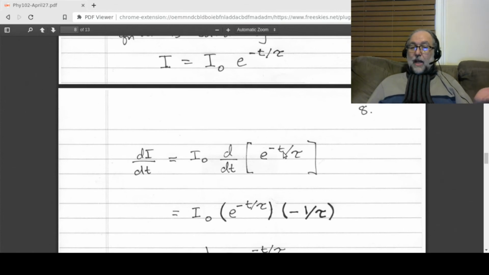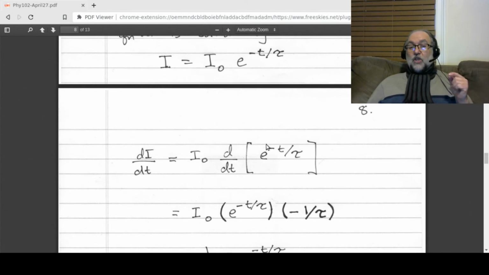We differentiate the e to the minus t over tau. First we differentiate with respect to the entire argument, which just gives us back the e to the minus t over tau, because exponentials, when you differentiate Euler's constant to its exponent, you just get Euler's constant to that exponent back again.